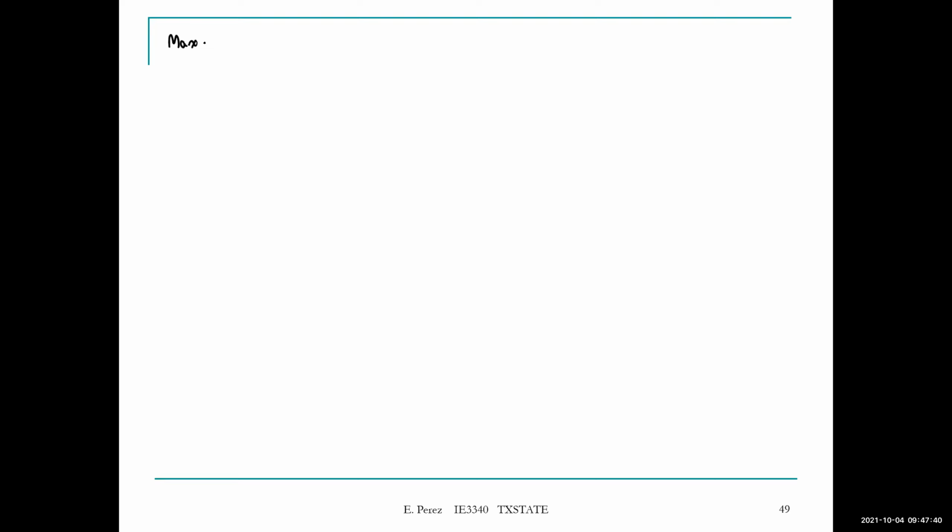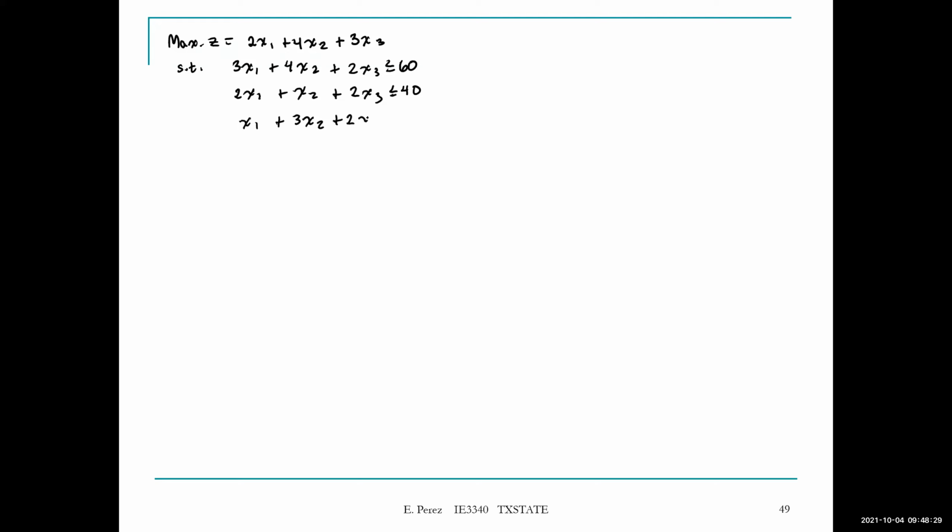The maximization of z equals 2x1 plus 4x2 plus 3x3, subject to 3x1 plus 4x2 plus 2x3 less than or equal to 60, 2x1 plus x2 plus 2x3 less than or equal to 40, and x1 plus 3x2 plus 2x3 less than or equal to 80, and x1, x2, x3 all greater or equal to 0.